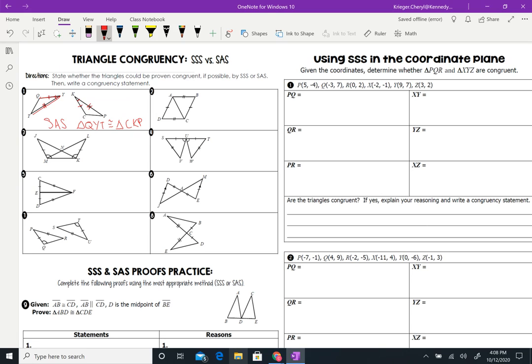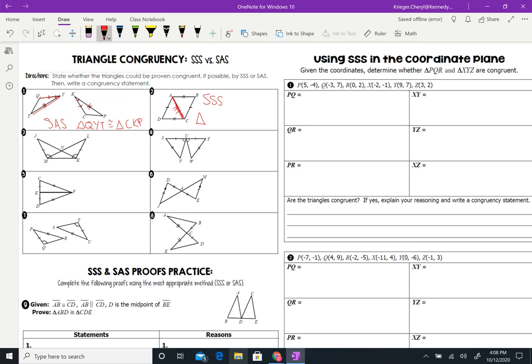All right, number 2. We have two sides. They don't tell us anything else. Nothing is parallel. They don't give us any angles. But we see that this side AC is the same for both triangles. So this one is side, side, side.